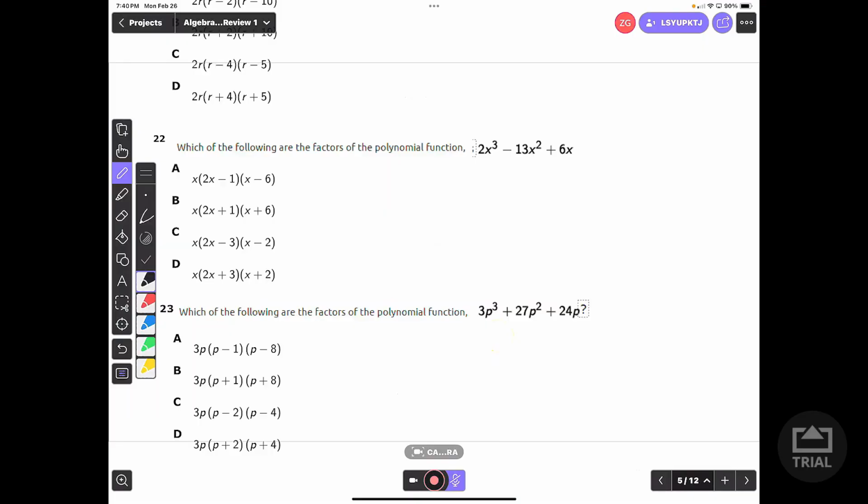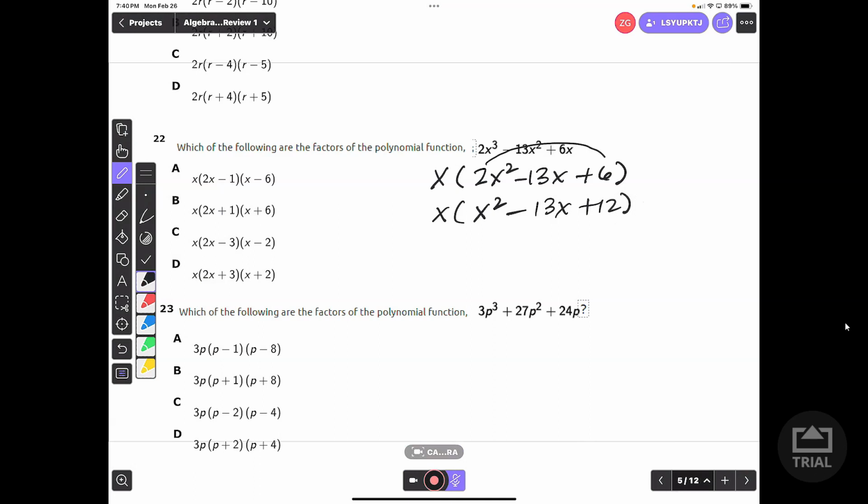Which of the following are factors of the polynomial? So you have to first find the greatest common factor. In this case, it's x, and you have 2x squared minus 13x plus 6. The way I taught you first semester with factoring, 2 times 6 is 12. So you have x squared minus 13x plus 12.